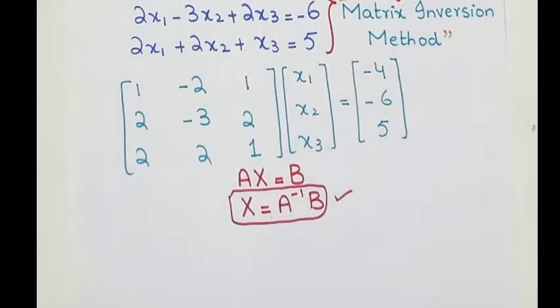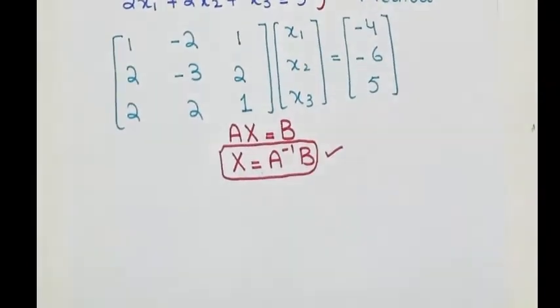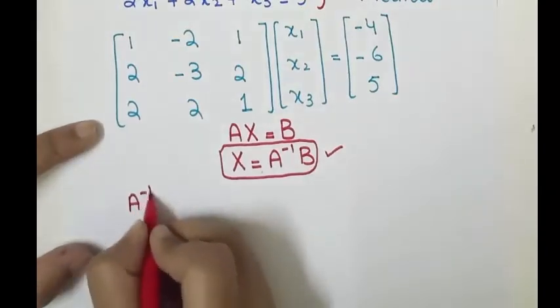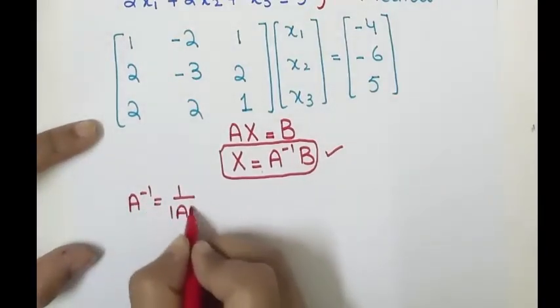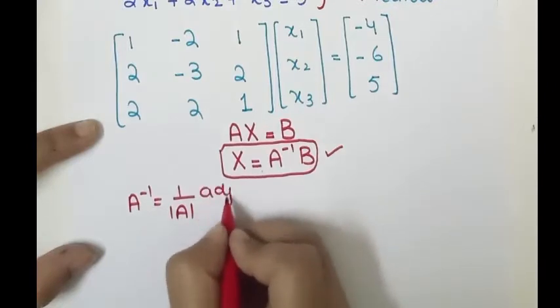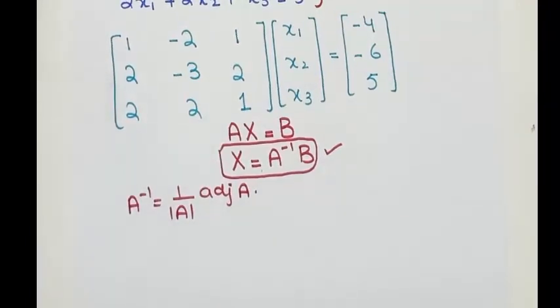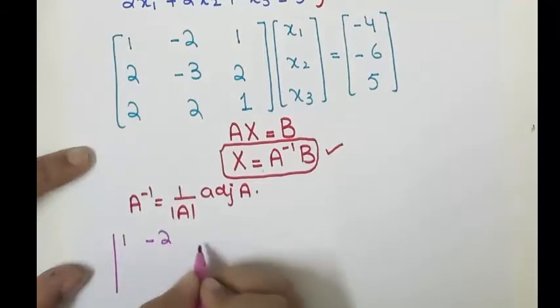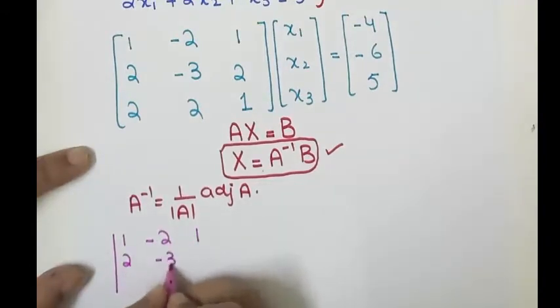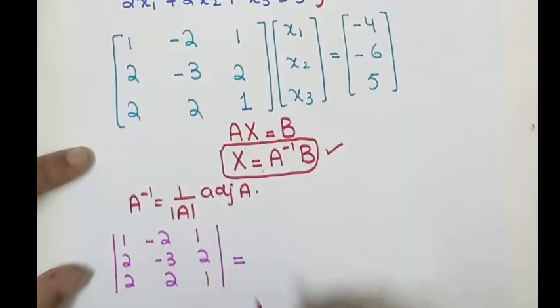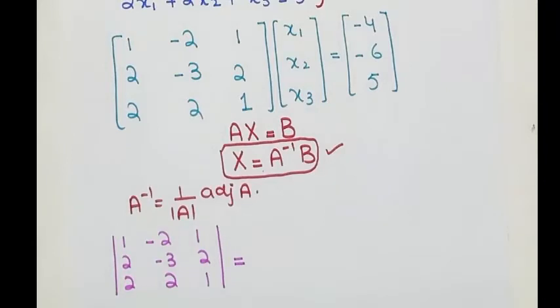So first, since we are using matrix inversion method, we know that the formula is A inverse is equal to 1 over determinant of A into adjoint of A. So first we will find the value of the determinant, which is |1, -2, 1; 2, -3, 2; 2, 2, 1|.